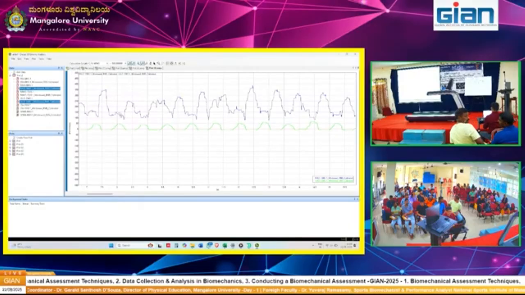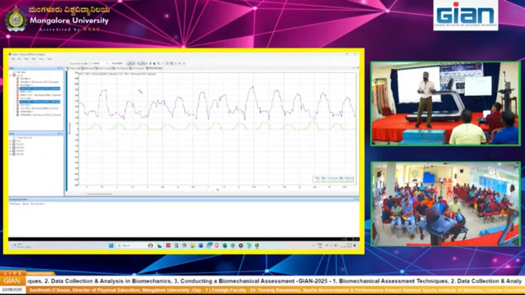If my maximum is 100, and then when I'm doing something, it's showing 300, is my maximum 100? No, cannot be. So what do I do now? I do MVC again, or I take the highest value from this as MVC.